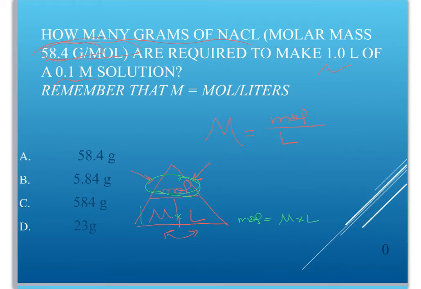Okay, right here in the bottom. On the other hand, let's say that the problem asks you to solve for volume, in other words, liters. You would then cover up this section of the triangle, and that would tell you that liters would be equal to moles divided by molarity, just like you see here.